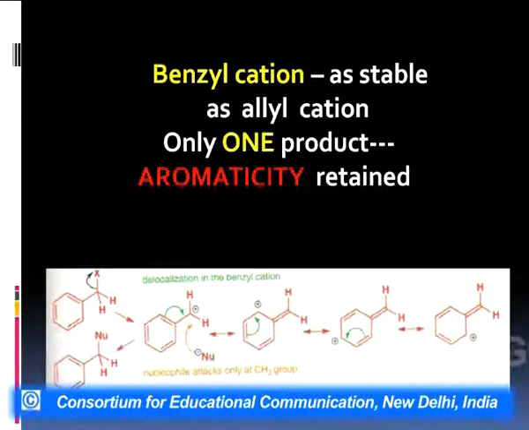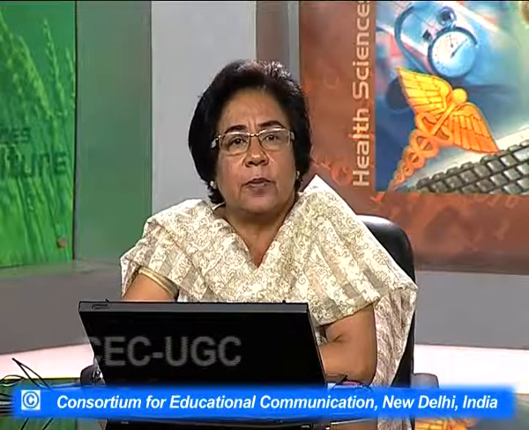Reaction will take place only at the benzylic carbon, although the positive charge is delocalized over the benzene ring also. But as we had discussed in our earlier lectures, if the reaction takes place at either of the positive charges on the benzene ring, then the molecule will lose its aromaticity. So in this case, the substitution will take place only at the benzylic carbon and not over the ring.